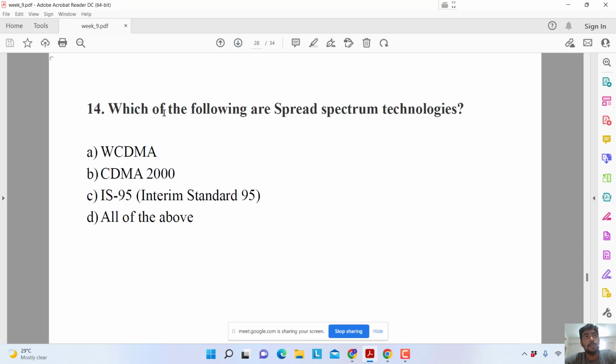Next is, which of the following are spread spectrum technologies? WCDMA, CDMA 2000, IS-95, also known as Interim Standard 95, or all of the above. You have to tell which of the following are spread spectrum technologies.